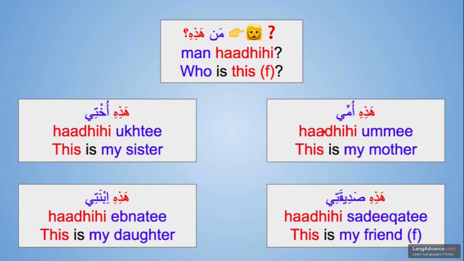Or we can do it for females. So we can say من هذه, who is this? Let's say هذه أمي, this is my mother. Or هذه أختي, this is my sister. Or هذه صديقتي, this is my friend. Or هذه ابنتي, this is my daughter.